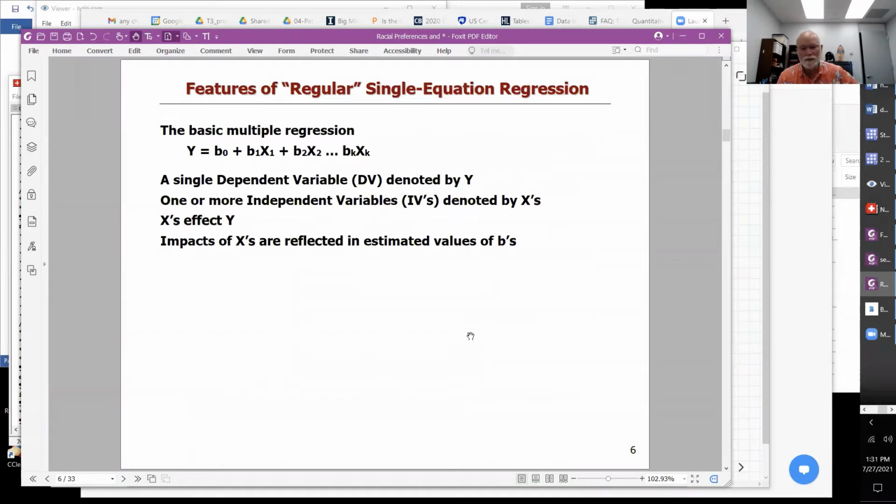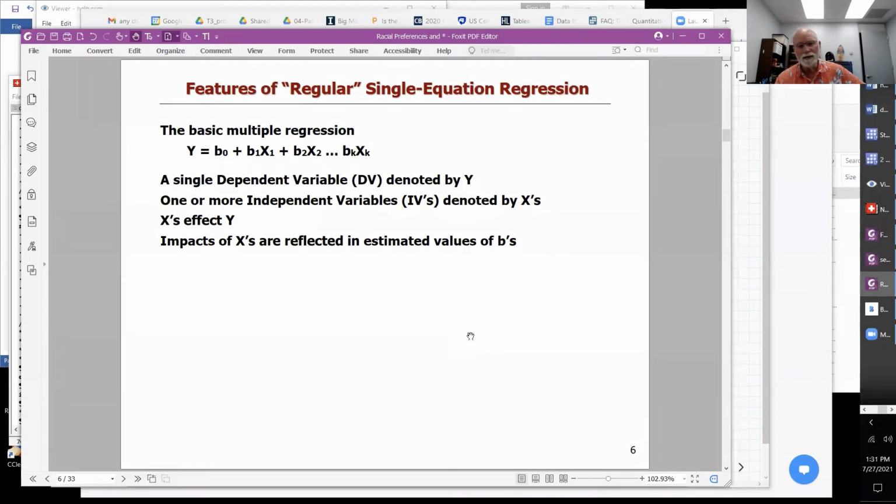So let's just stop for a second and take a look at what I mean by regular single equation regression. On the left-hand side, you've got a dependent variable y. On the right-hand side, you've got one or two or more independent variables, x's.